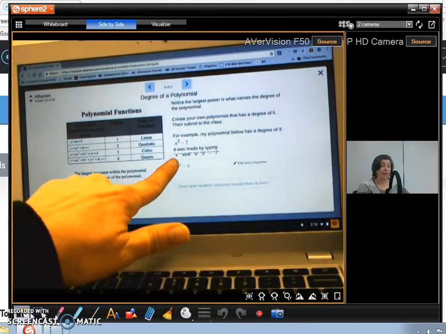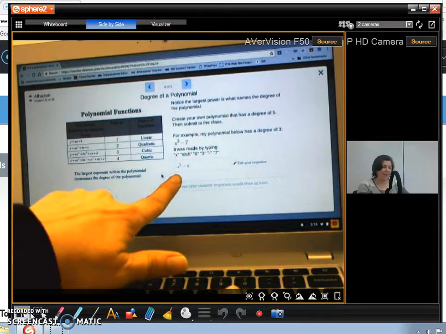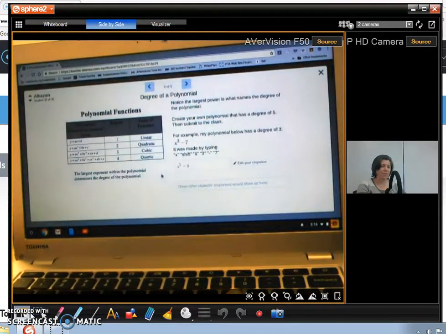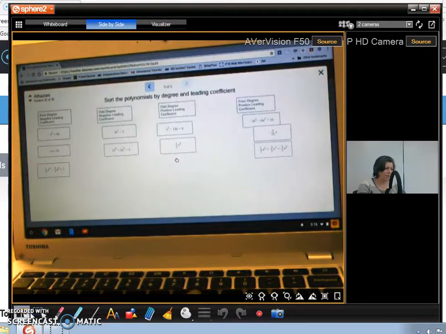So they did. Desmos has this awesome feature about being able to type text or an equation, and they did. Look at that. They understood the degree, and they just made their own. Very nice. Let's see Al Hazan for the last one.